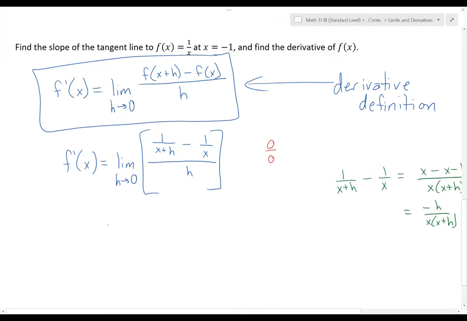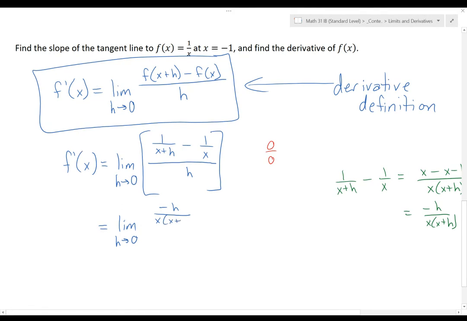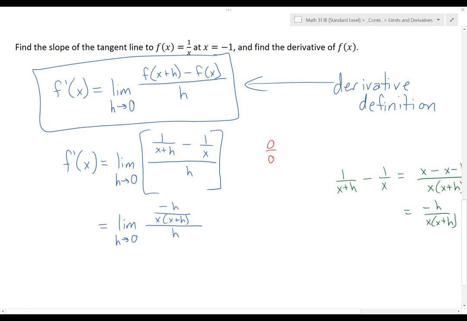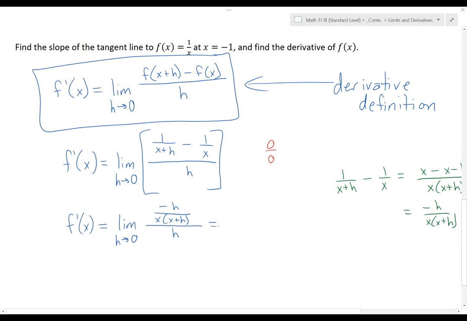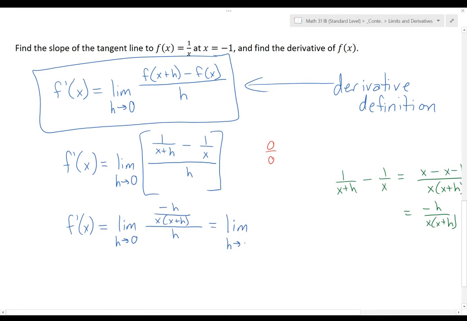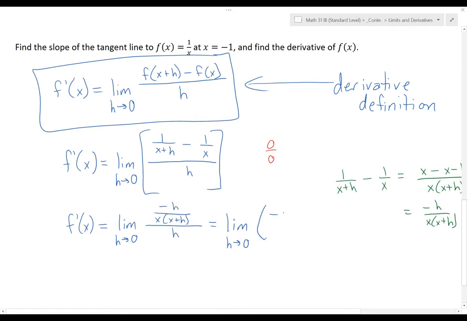So what I have is the limit as h approaches 0 of negative h over x times x plus h, all over h, in which case the h is going to cancel. So I end up with the limit as h approaches 0 of just negative 1 over x times x plus h.